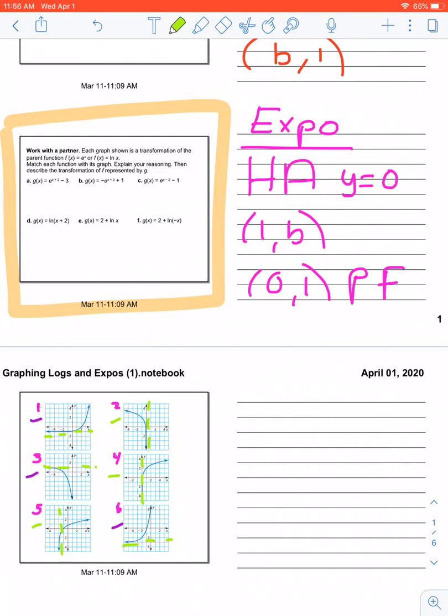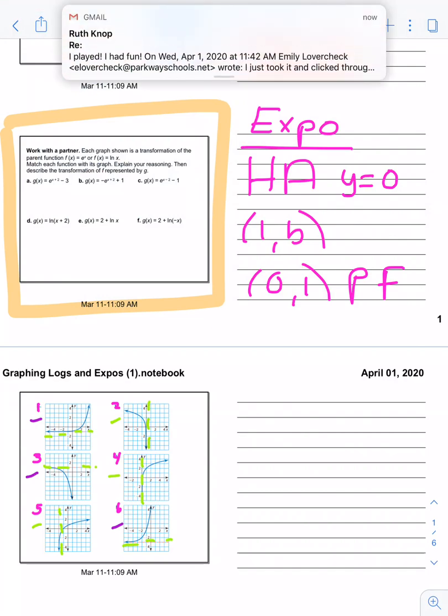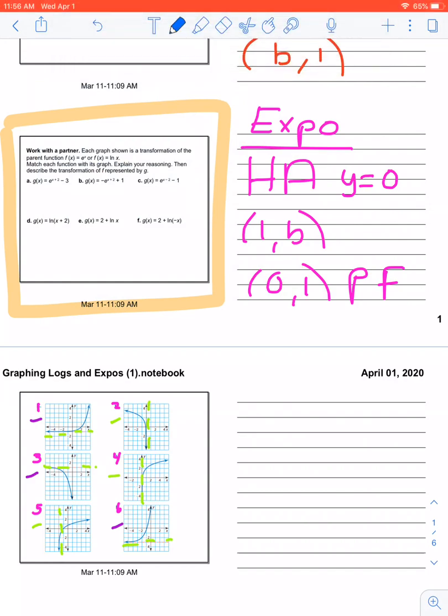Let's go back to quadratics real quick and recall vertex form: y equals a(x minus h) squared plus k. Can we somehow change that to exponential? Absolutely. An exponential equation would be y equals a times b to the x minus h, plus k.